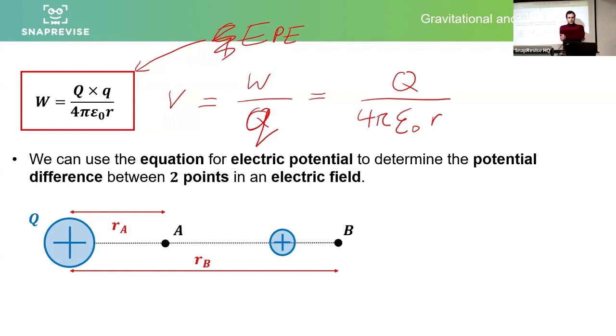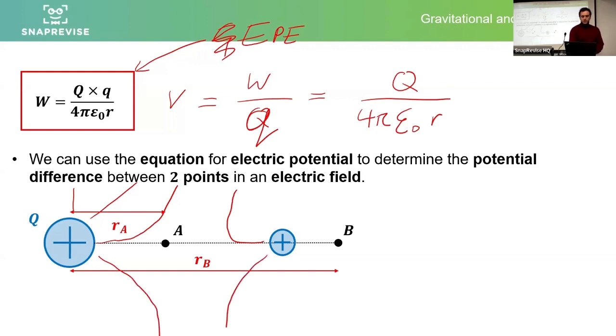We can use the equation for electric potential to determine the potential difference between two points in an electric field. Great. Okay, now we really are getting very close to circuits. So I've got point A, and a point B. They exist in this complicated field where we've got multiple sources, and they'll be repelling each other a bit.